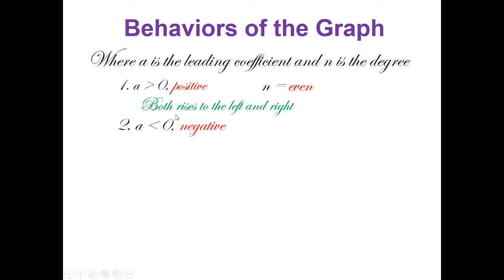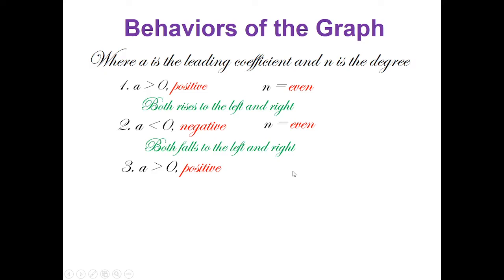Kapag naman it's negative, pero even pa rin siya, opposite ito ng number 1. It both falls to the left and right. Parehong pababa. Paano naman pag ang degree ay odd, pero ang a ay positive? Mangyayari nito, magkaiba ng direction.